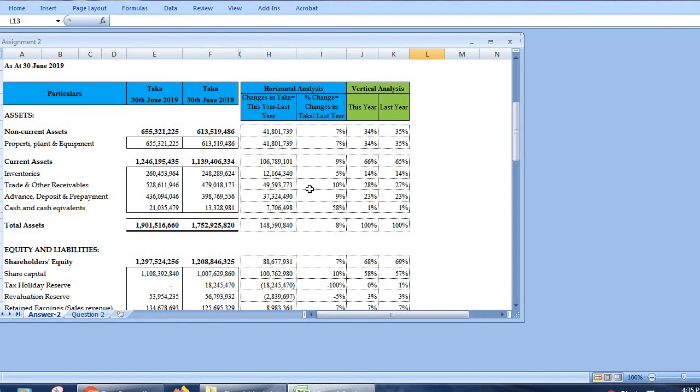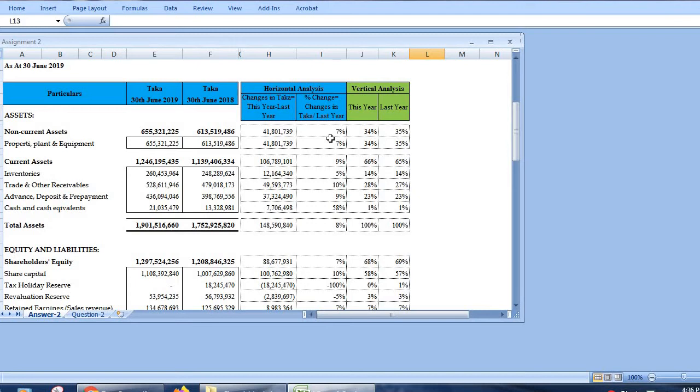We will be calculating the dollar change, that is, how much the amount increased or decreased over last year. You can see that I have noted the dollar change as this year minus last year. Then we will calculate the percentage change, which is always divided by the earlier number. So here we take the dollar change and divide it by last year.